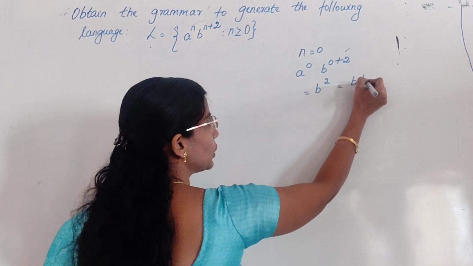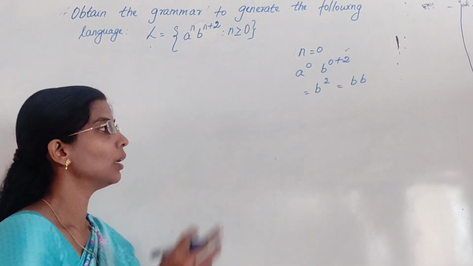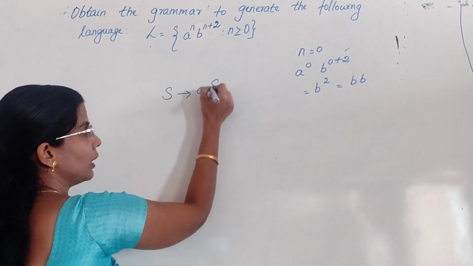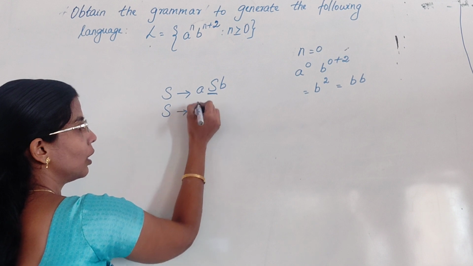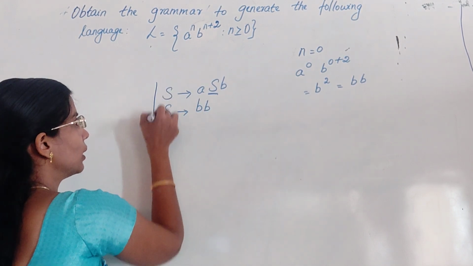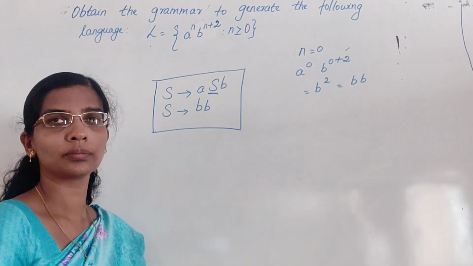It is nothing but 2 times B. Right? 2 times I am supposed to write B. Now write the grammar. How to write the grammar? S tends to A S B. And what will you write for this S? I will write this as BB. So this is my grammar. Hope you got it. Right?